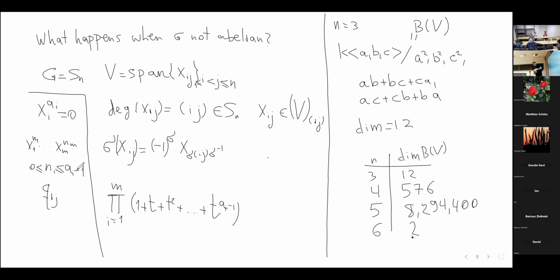Aha. You get it automatically because I can just take this kG, as we call it, smash product B(V), and that's pointed. Okay, so everything that you do with pointed applies. Okay, I've got you.